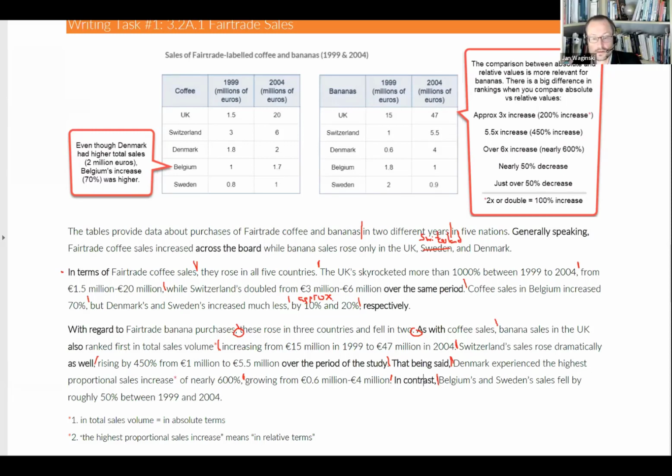So if you're looking at bad models of English, like there's a lot of IELTS essays online that are poorly written. They're not written by former examiners or current examiners. They're just written by people who say they're IELTS teachers or their students or who knows who. They're not well written.